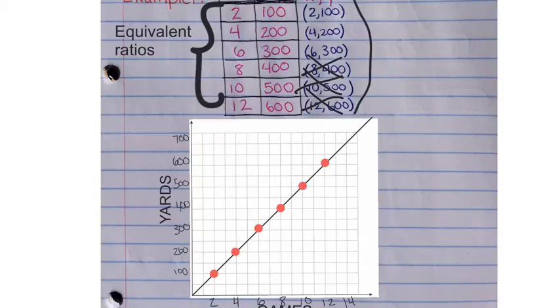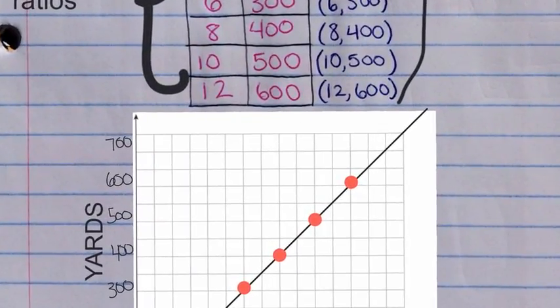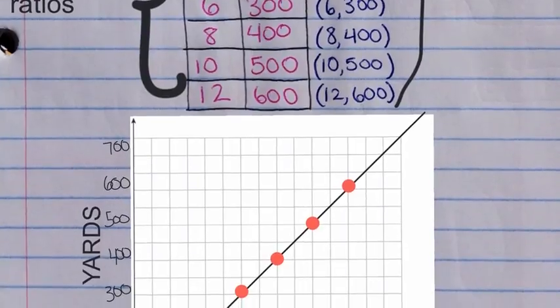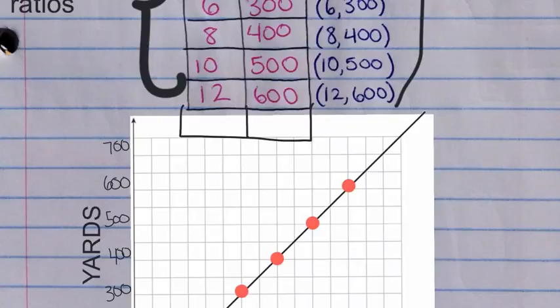But the neat thing about putting them in a graph is it helps you visualize your information a little bit more. So in this graph, you don't even need to plot the next point to know where the next point is going to be. If our ratio table extended one more line, let's see if the graph will tell us what can go in that chart.